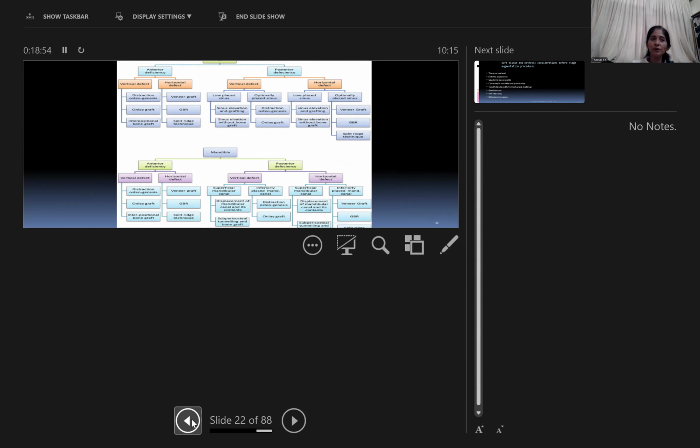At this point, I want to tell you that the distraction osteogenesis given here in the flowchart we no longer follow, because we have better, more predictable guided bone regeneration techniques that have been scientifically validated.